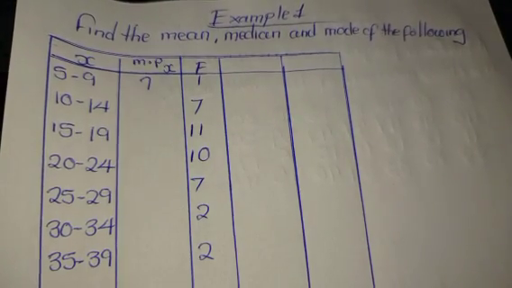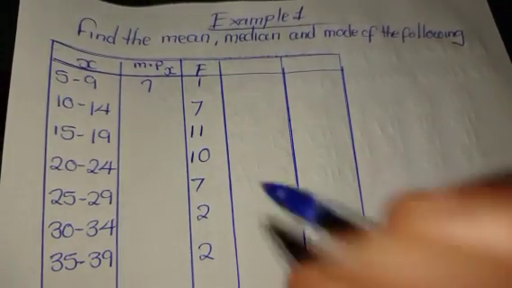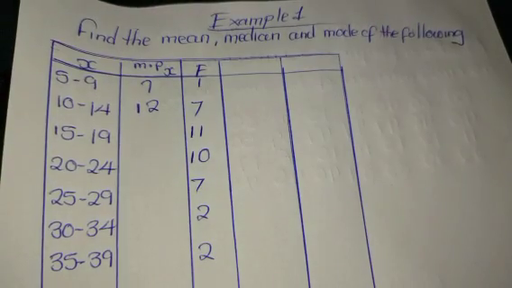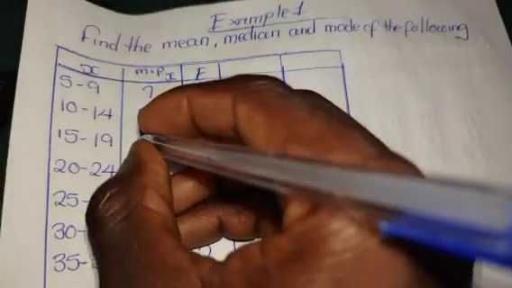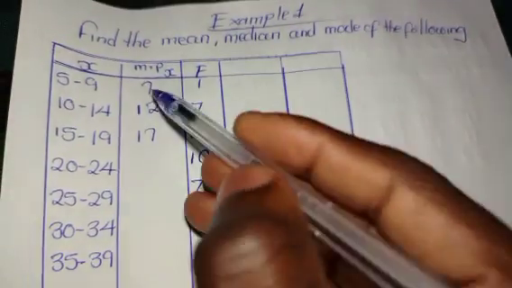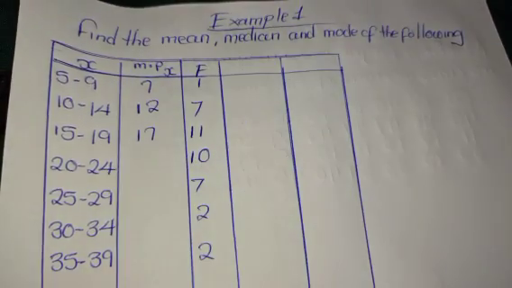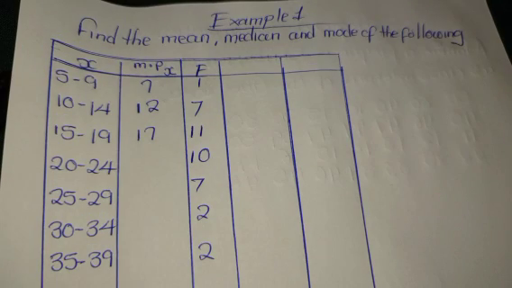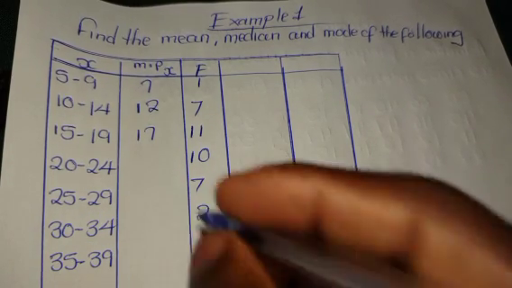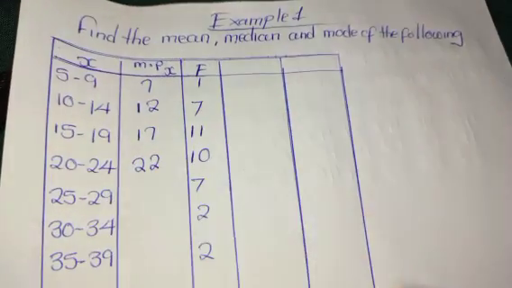Then 24 divided by 2, you get 12. 15 plus 19, you get 34, divided by 2, you get 17. If you check, there is a common difference amongst these, and that common difference is equal to 5.